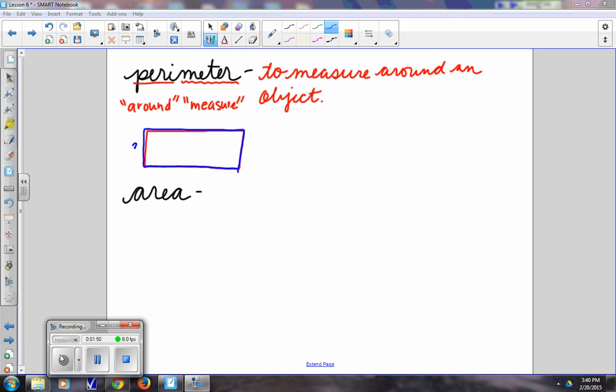So if this was 3 and this was 4 centimeters, I would say 4 plus 3 plus 4 plus 3 equals 14 centimeters, would be the perimeter of that rectangle.